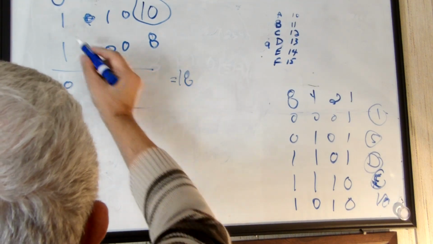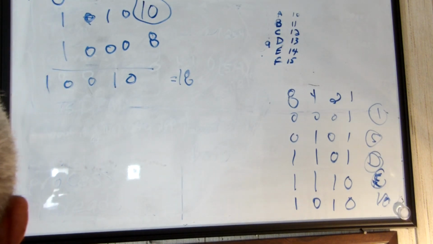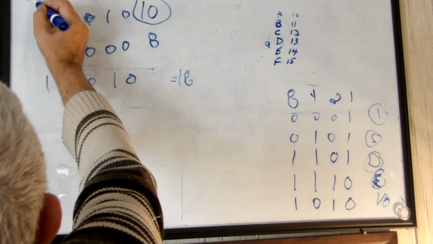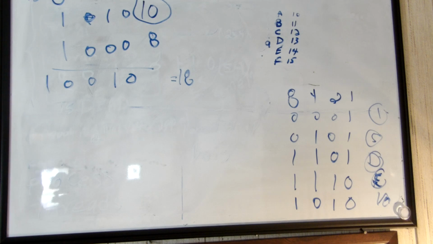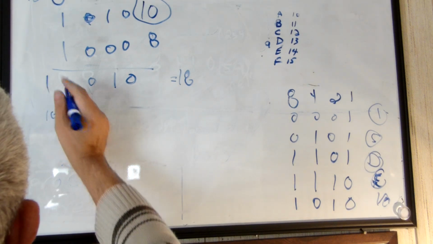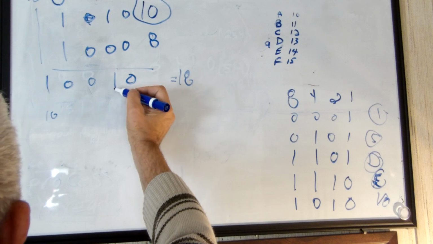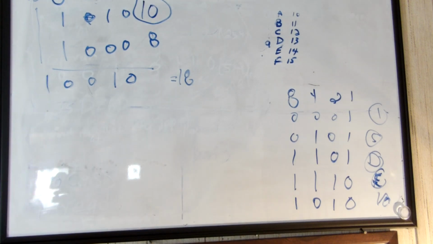See? This is 16 plus 2, okay? 16, and this is 2, is going to be 18. So this is the addition of this.